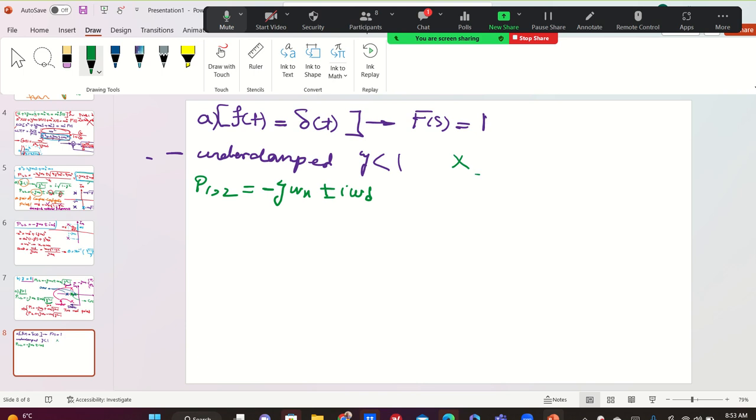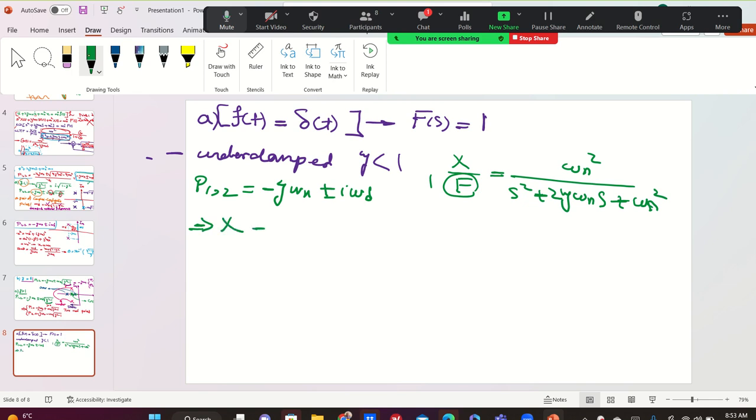And we know that X over F was omega n square over s square plus 2 zeta omega n s plus omega n square. So this can be written as, because this is 1, X, the output of the system, is omega n square. So we know the poles. You can decompose in this format: s minus P1 and s minus P2.